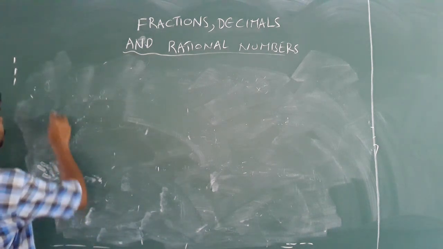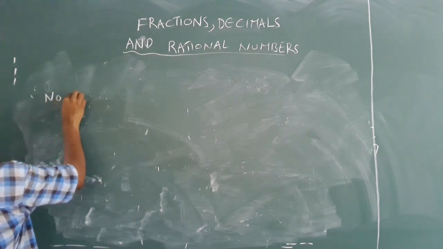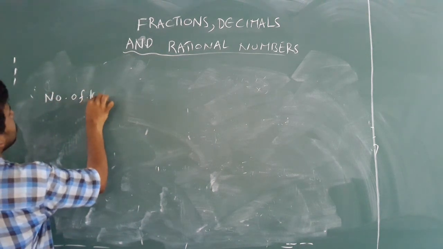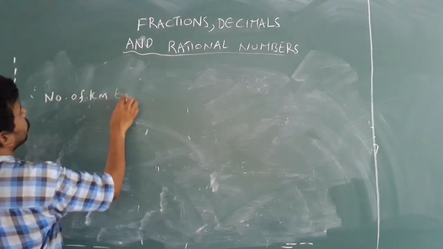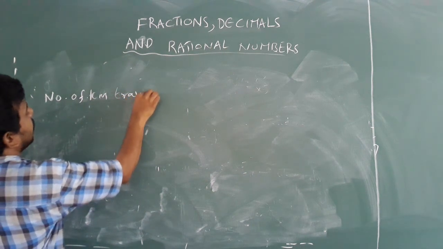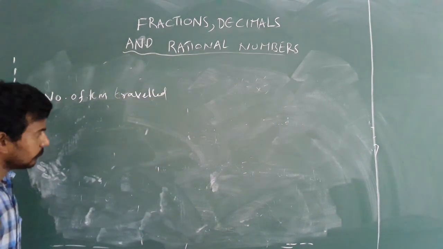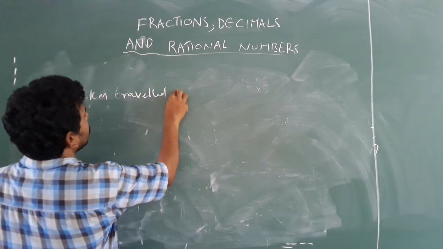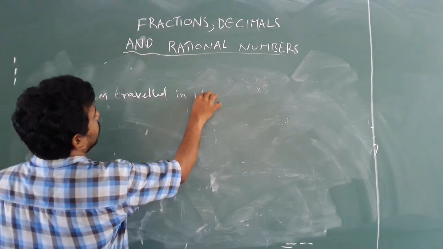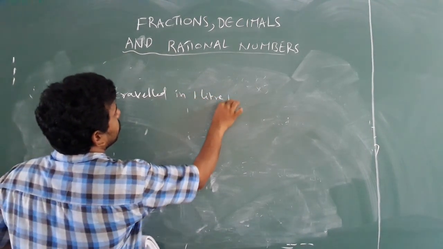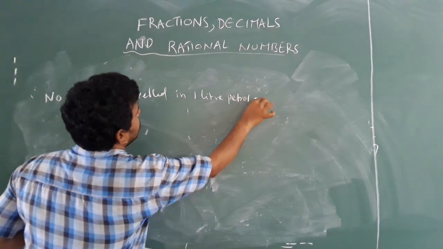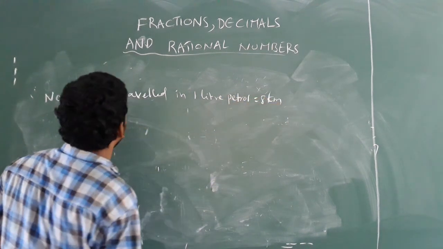So the number of kilometers traveled in 1 liter of petrol is how many kilometers? 8 kilometers.